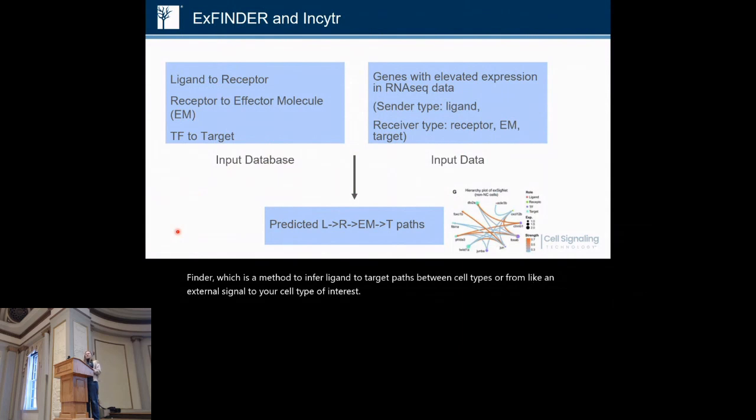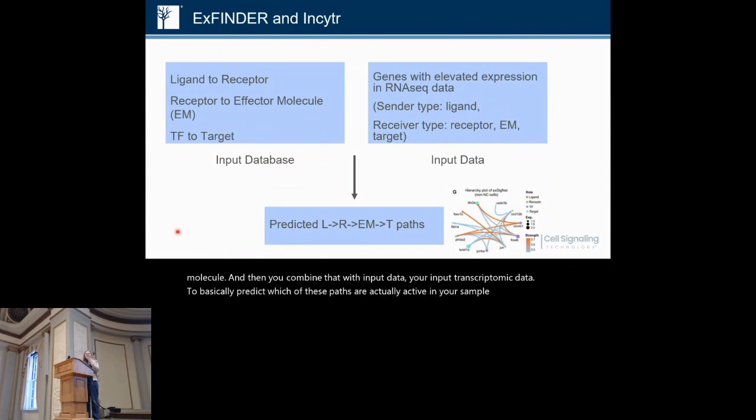Basically, how this works and how my method works is that you have an input database of known interactions from ligand to receptor, receptor to effector molecule, and then effector molecule to a target. A transcription factor might be an example of an effector molecule. You then combine that with your input transcriptomic data to predict which of these paths are actually active in your sample.